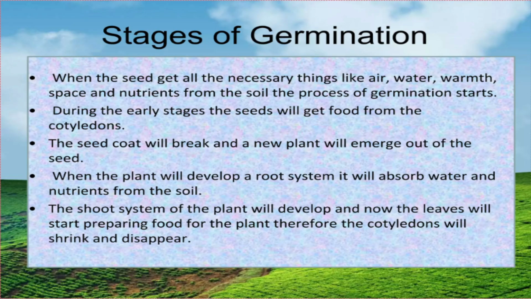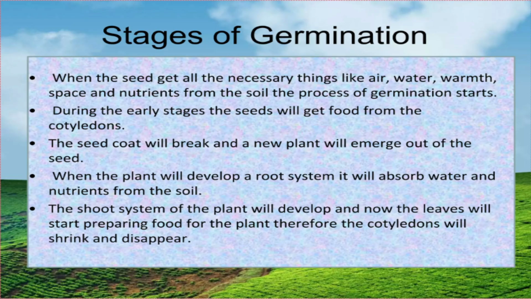Now the seed coat is a covering which protects it. The seed coat will break and a new plant will emerge out of the seed, basically the embryo which has grown up now. When the plant develops a root system, it will absorb water and nutrients from the soil.